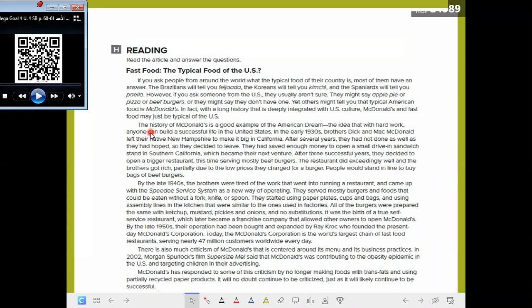The history of McDonald's is a good example of the American dream, the idea that with hard work anyone can build a successful life in the US.